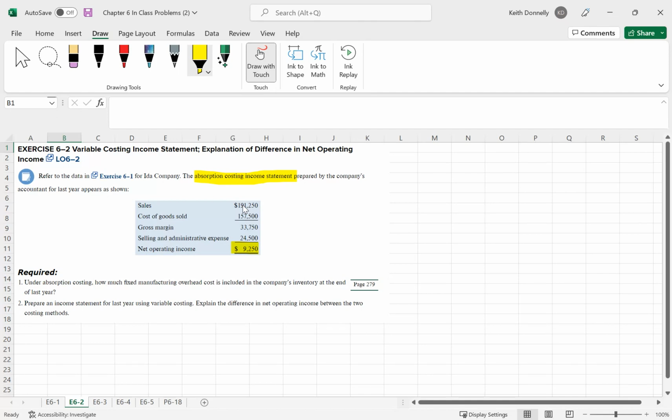Just to clarify, there is a difference between net income and net operating income. Sometimes it's because it's the only expenses they're giving us. This could say net income if there were no other expenses. When they say net operating income, they're really just looking at your operating income and your operating expenses.